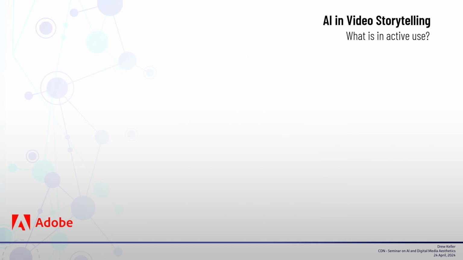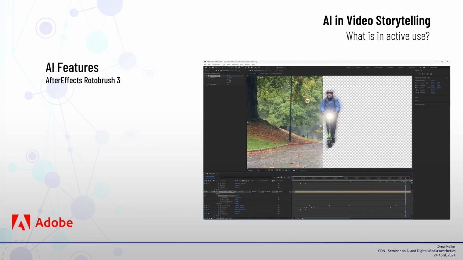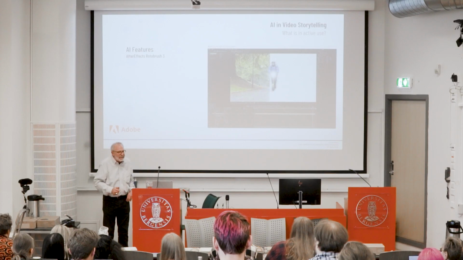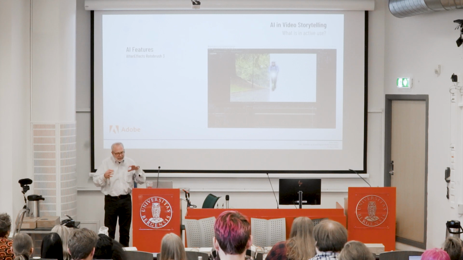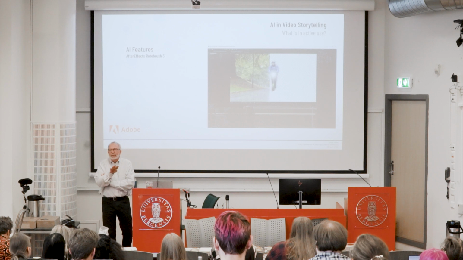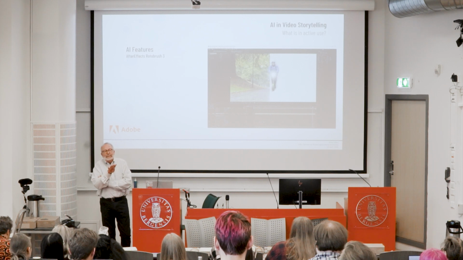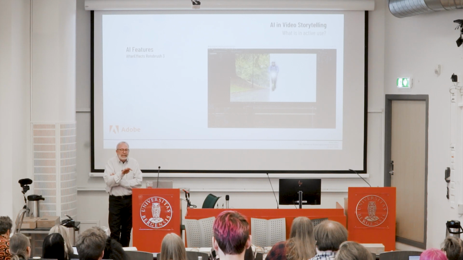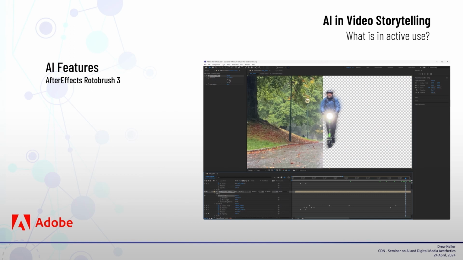So Adobe is where I spend a lot of my time. I'm in Resolve, I'm in some of the other tools, but I'm going to concentrate on Adobe's suite of tools simply because they all kind of fit together and it gives you an idea of this sort of global approach to things. One of the tools that I've used for probably the last 6-8 months extensively is an AI tool in After Effects called RotoBrush.